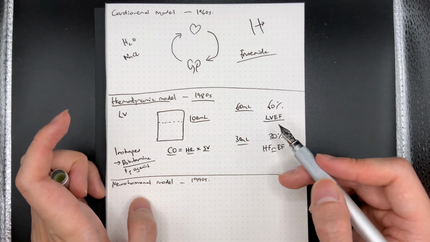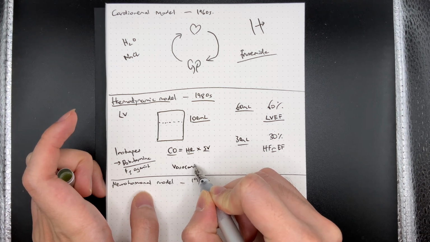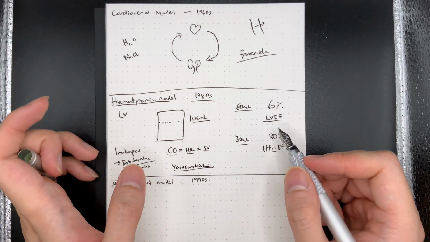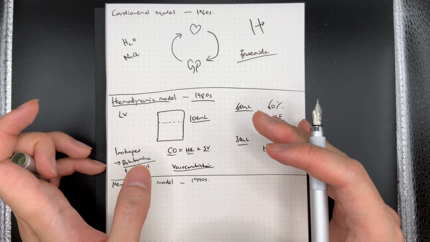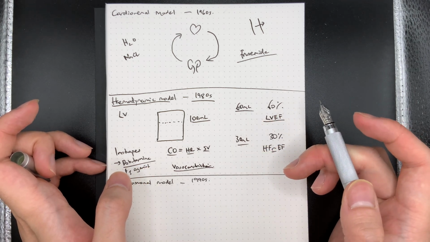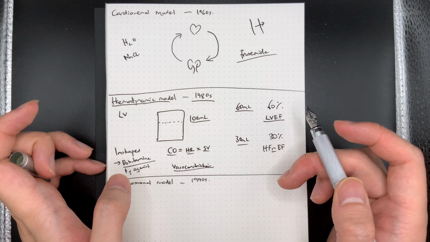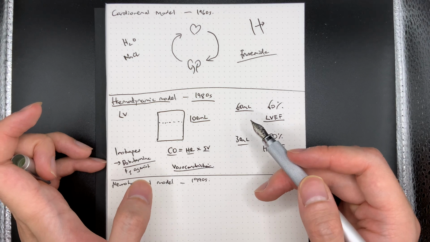The hemodynamic model also talks a bit about vasoconstriction. Basically, in heart failure, the blood vessels in the peripheries are quite constricted, and what that ends up doing is increasing afterload, the load against which the left ventricle is pumping.